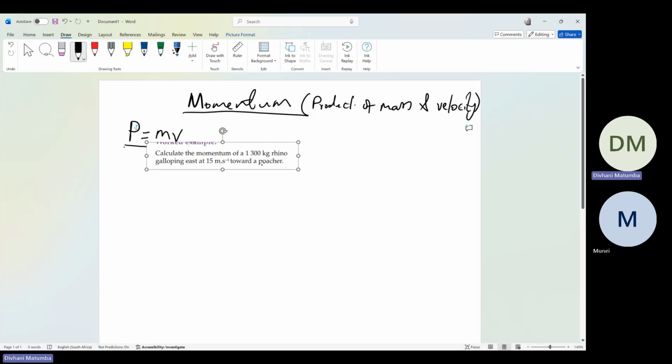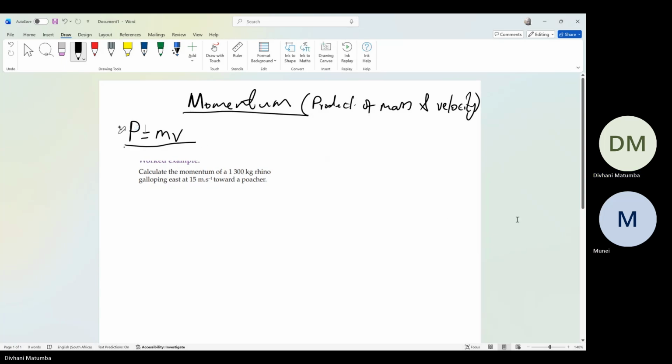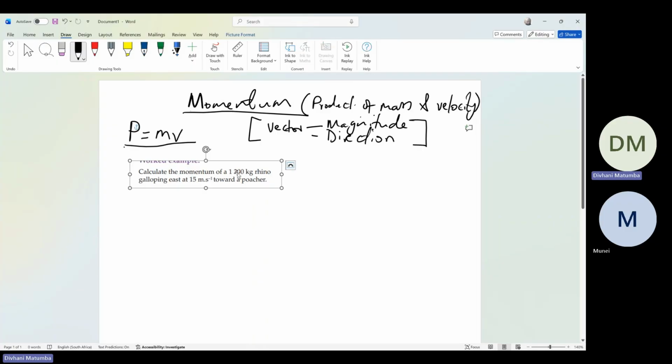You remember? Yes. Okay. So it is a vector. It has both magnitude and direction. Okay, perfect. Now we have an example on the screen.